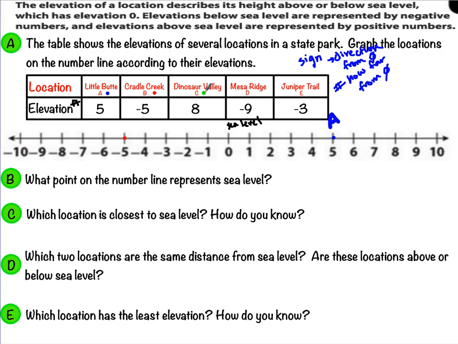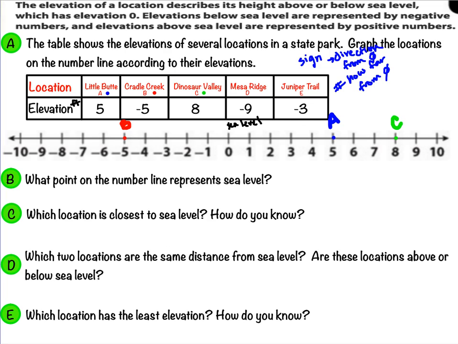Dinosaur Valley, I'm going to use my green, and that is actually C. I forgot to put my B for Cradle Creek. That's my fault. All right, and then now, again, we start at 0, and I'm going to the right because it's positive, and I'm going to the right 8 spaces. And I'll mark my C for Dinosaur Valley.